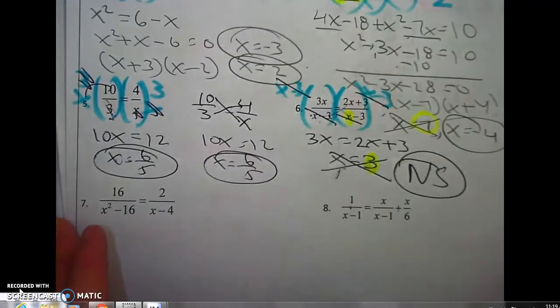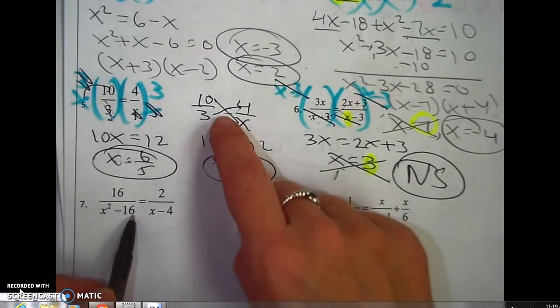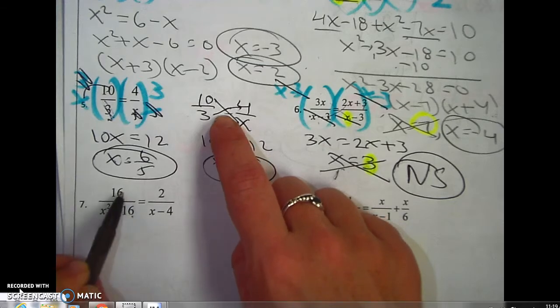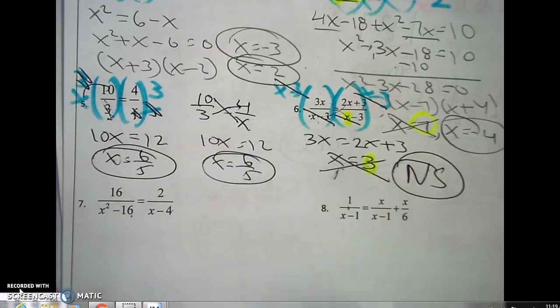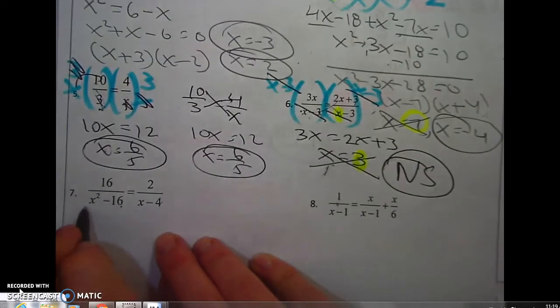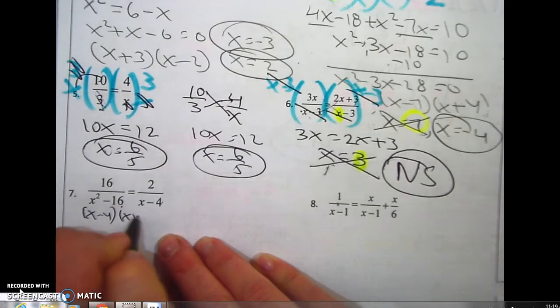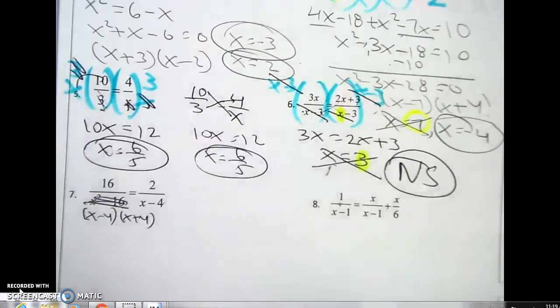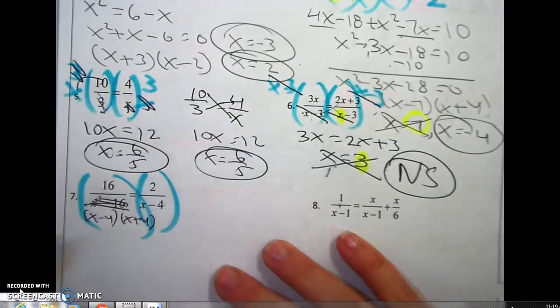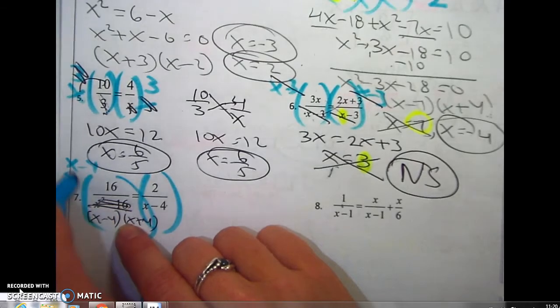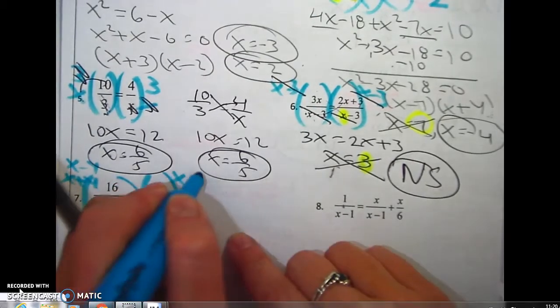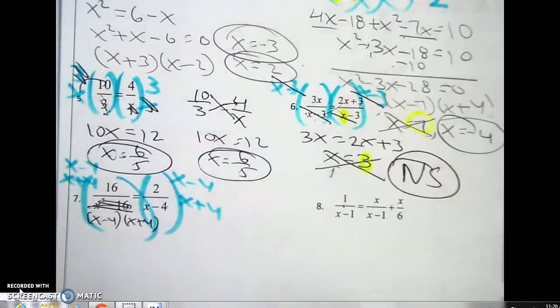Number 7. When you look at number 7, you think, make an x, multiply what touches. But 16 times 4, that seems uncomfortable to me. But I can factor. And then I see, okay, give this an x minus 4 and an x plus 4. Give this an x minus 4 and an x plus 4.